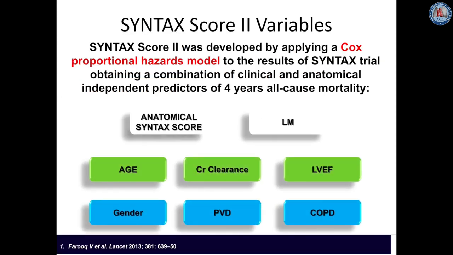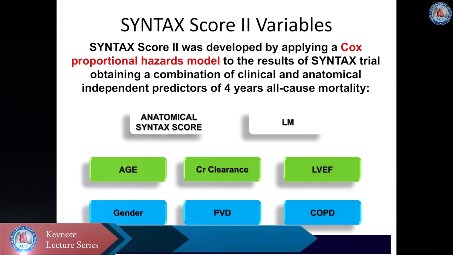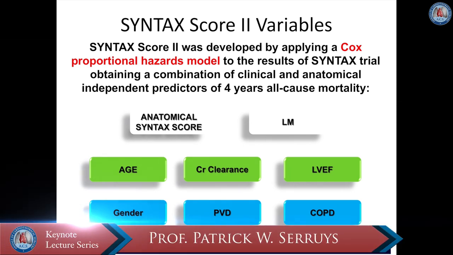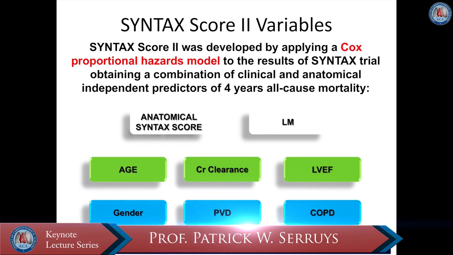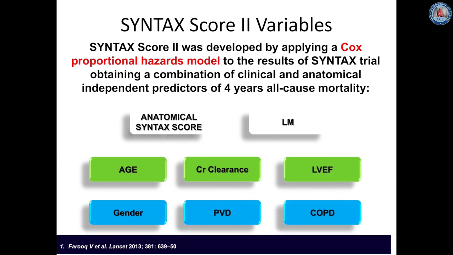The Syntax score 2 variables have been established based on interaction, applying a Cox proportional hazard model. And the model predicts the 4-year all-cause mortality with a combination of clinical and anatomical independent predictors of this 4-year all-cause mortality.